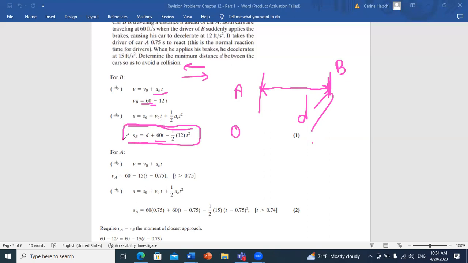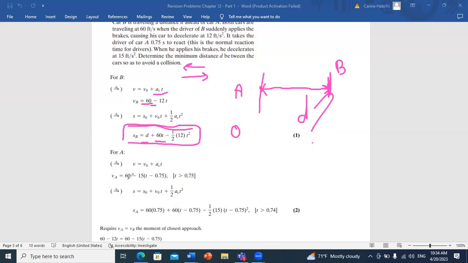Now we move to write the equations of A. For A, as we mentioned, we have two phases: phase 1 and phase 2. When A noticed and pressed the brakes, he had already traveled a certain distance. To determine this, we should write two equations.